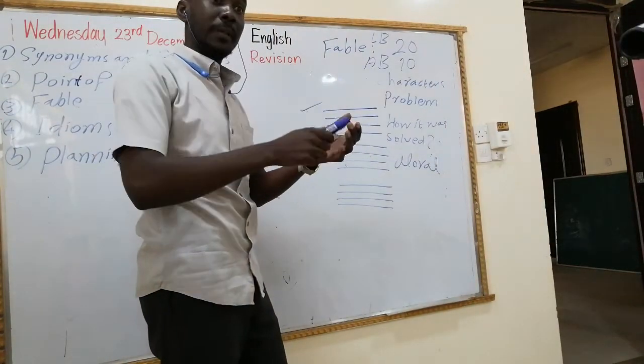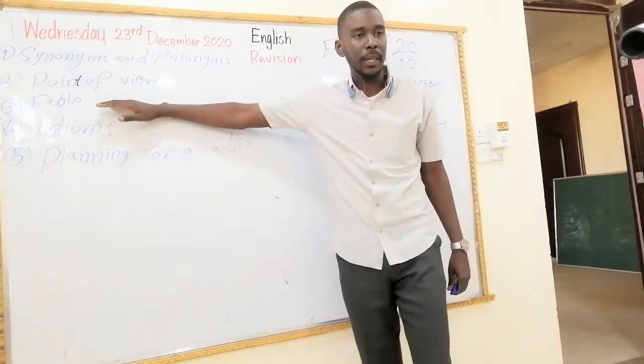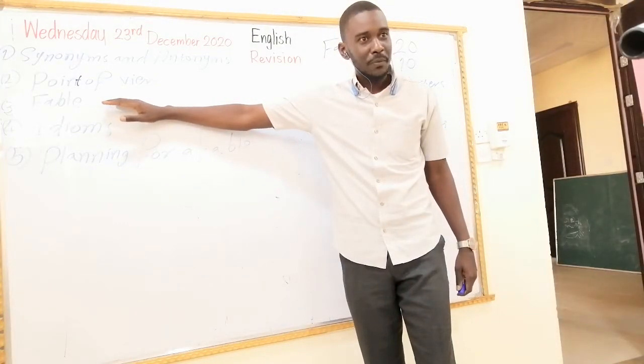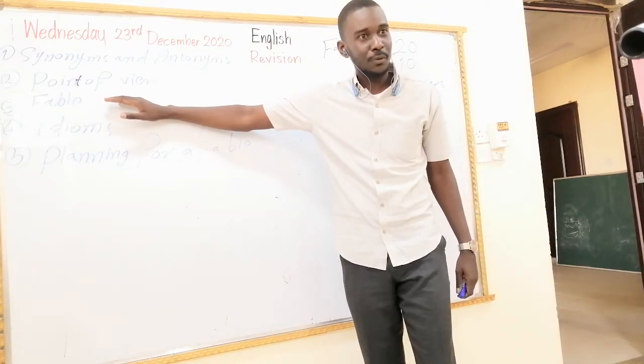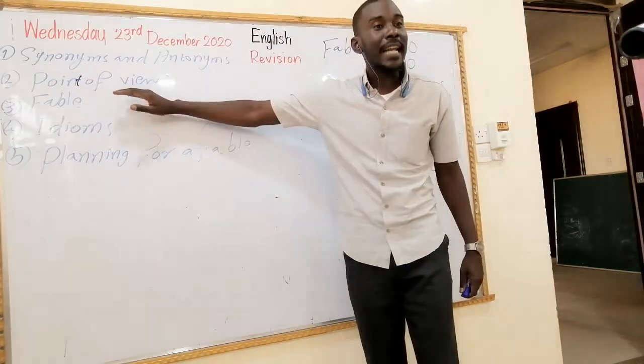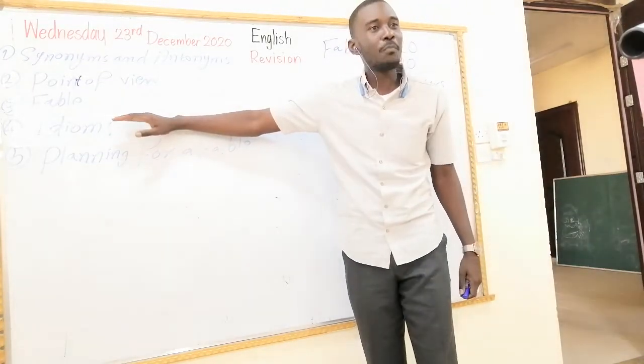I say, what is fable again? Okay, so fable is a short story with animal characters. The characters are animals, acting like people, like human. And finally, it has a moral.